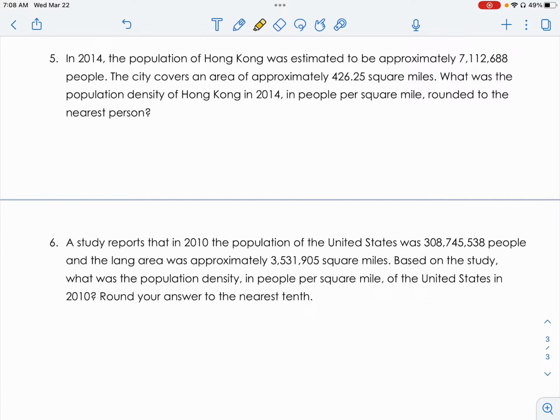Number 5. In 2014, the population of Hong Kong was estimated to be around 7,112,688, and the city covered an area of 426.25 square miles. So what was the population density?